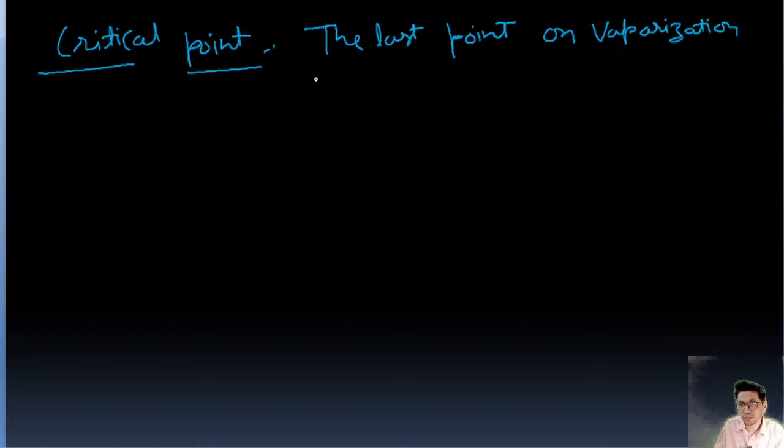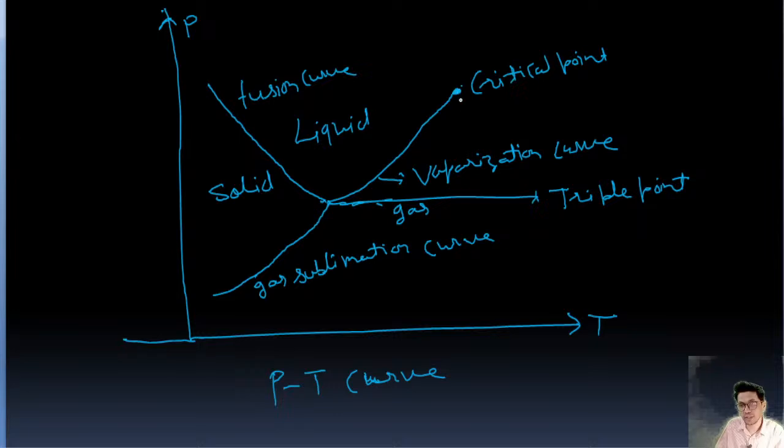So the last point on the vaporization curve is called the critical point. This is the phase transition curve, and these are the states of liquid and gas. Sorry, this is the triple point, and this is the critical point. My apology.